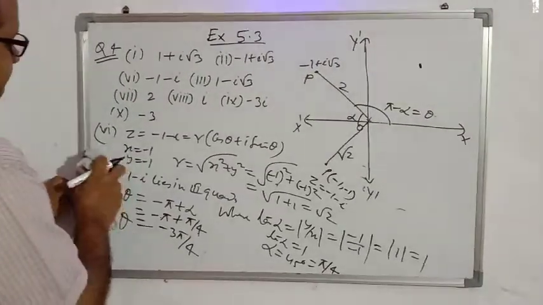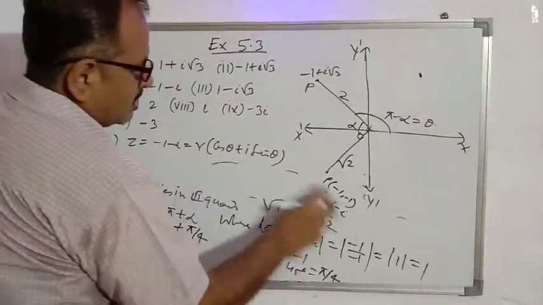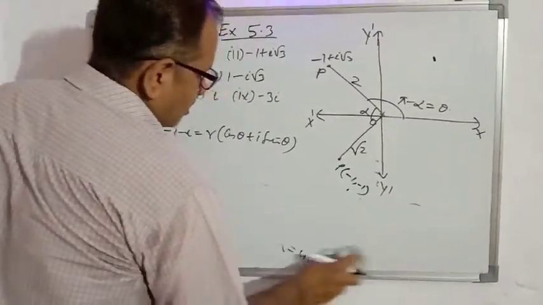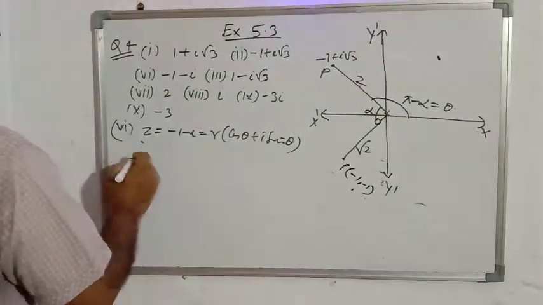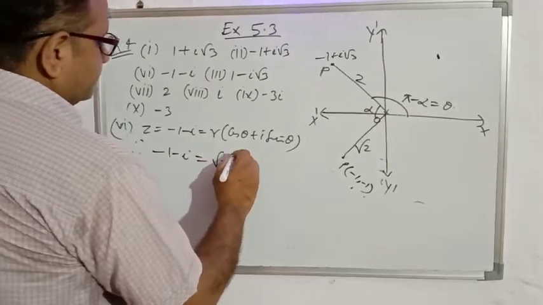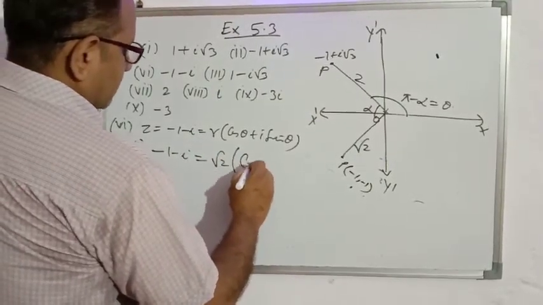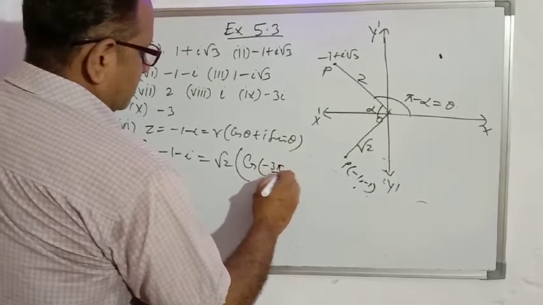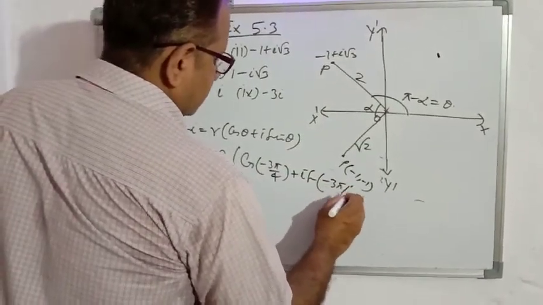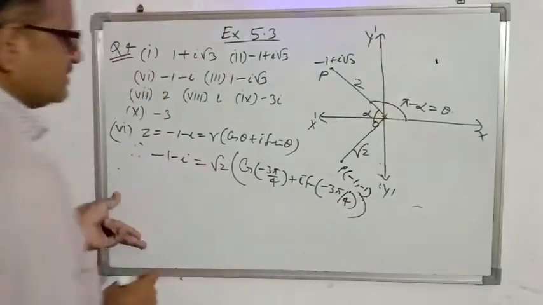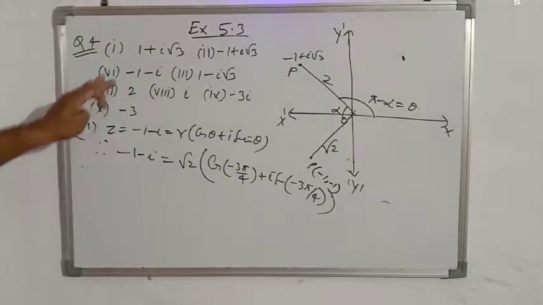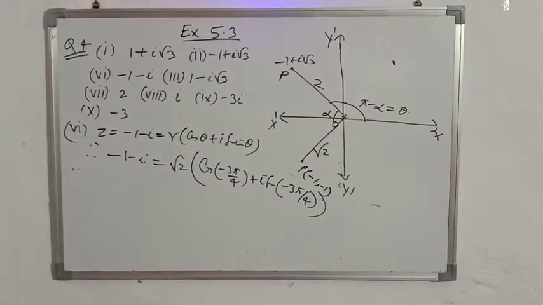So minus 1 minus i, where r is root 2, is cos minus 3 pi by 4 plus i sin minus 3 pi by 4 in the polar form. So that was the sixth part.